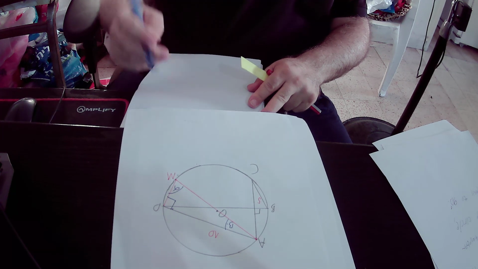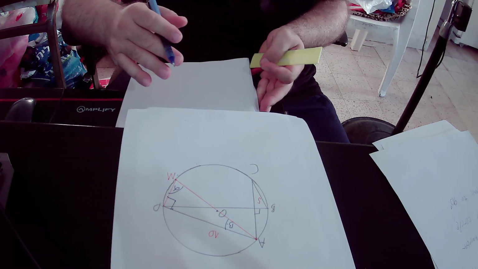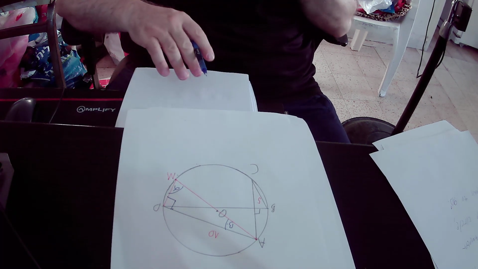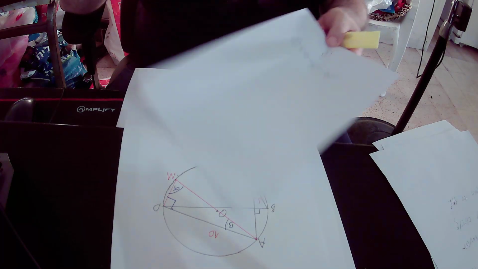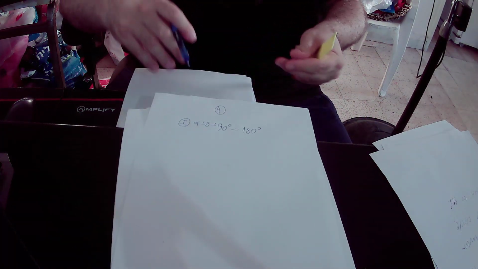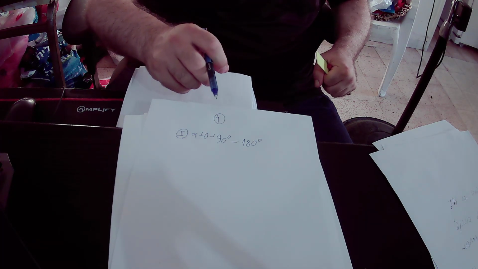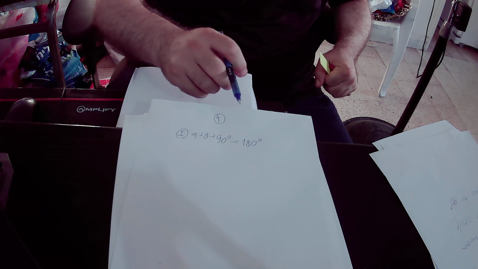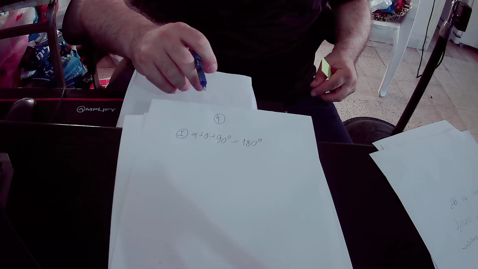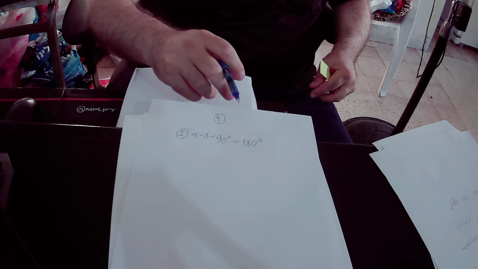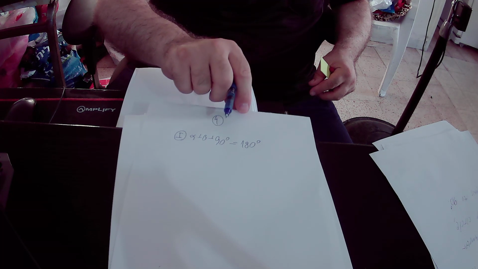It is true for every triangle in the world, especially in the right triangle AMD. So we created equation number 1 that states that the sum of the angles in the right triangle AMD equals 180 degrees.